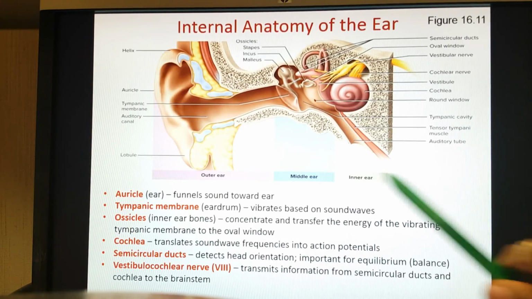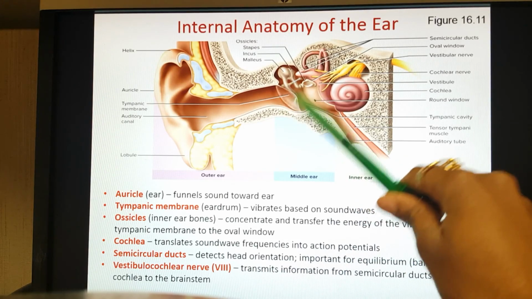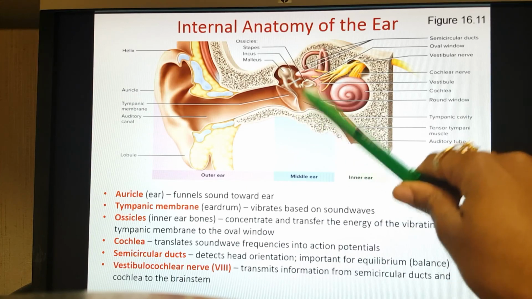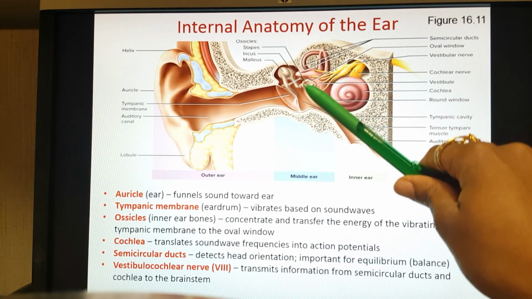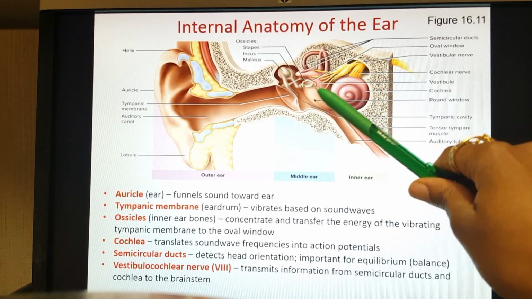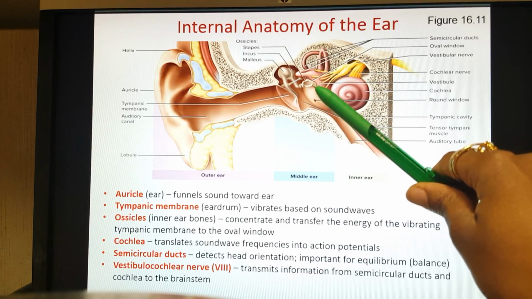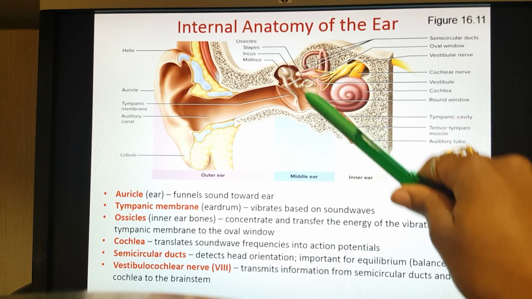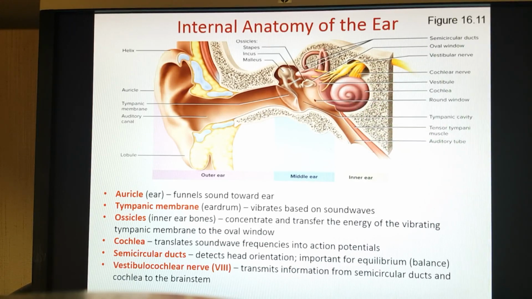Hitting our tympanic membrane or eardrum, that eardrum will vibrate depending on the sound that is being heard. That energy is then transferred through your inner ear bones or your ossicles to the oval window on your vestibule. That sound wave energy is then moved to your cochlea, this snail shell looking section in the back of there.